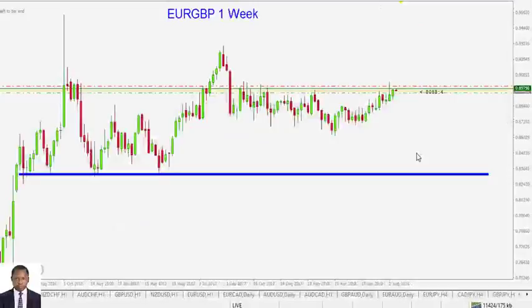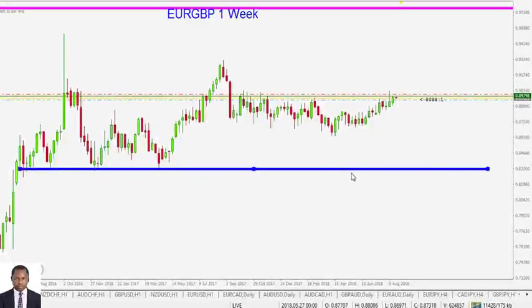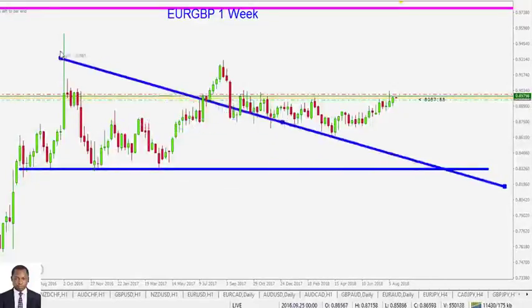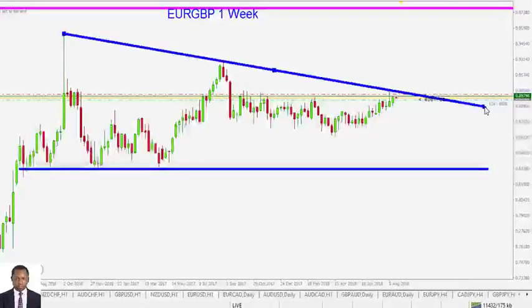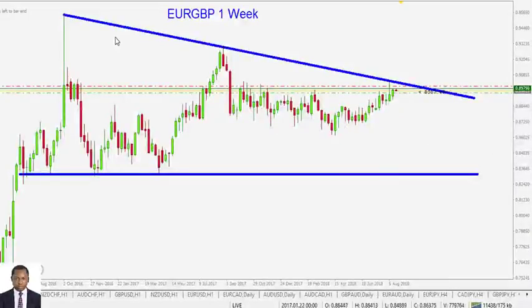Let's go from top down. Many brokers have different types of price action in the euro against the sterling pounds, especially in the long term. So don't be surprised if your weekly time frame doesn't really look like mine. All right, this pair has been in a sideways price behavior for some time.